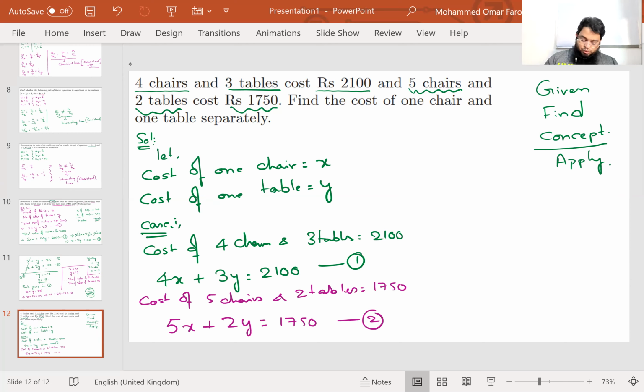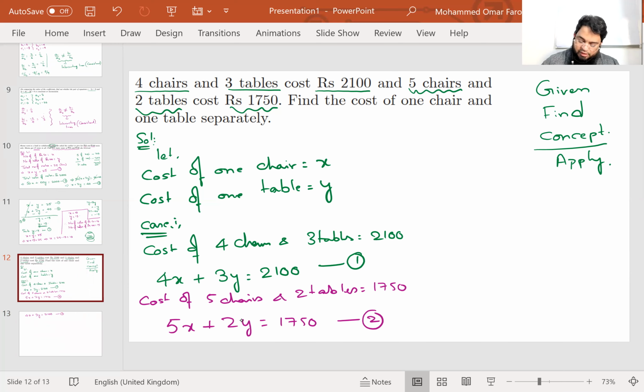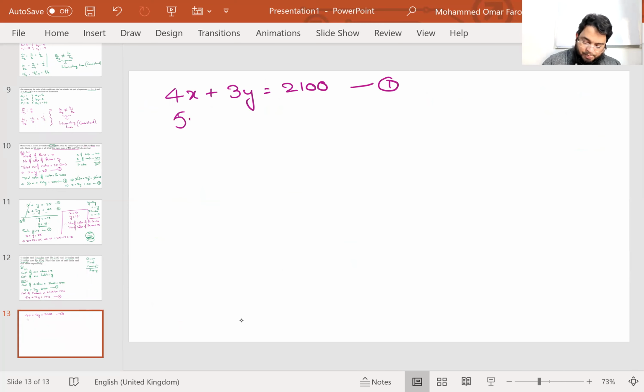The first one is 4x plus 3y equals 2100. This is the first equation. And the second equation is 5x plus 2y equals 1750.